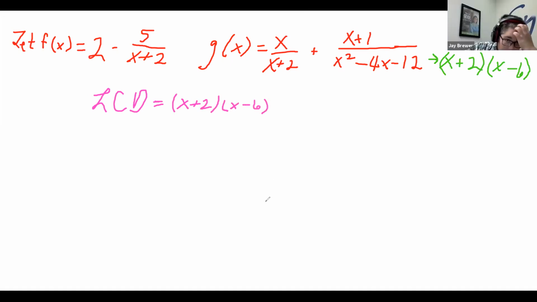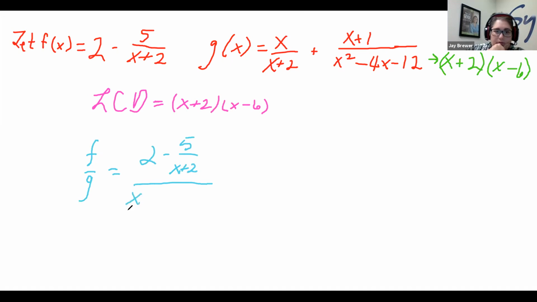And so now what we have to figure out is our function. So we want to find f over g. So we do 2 minus 5 over x plus 2 over your g.